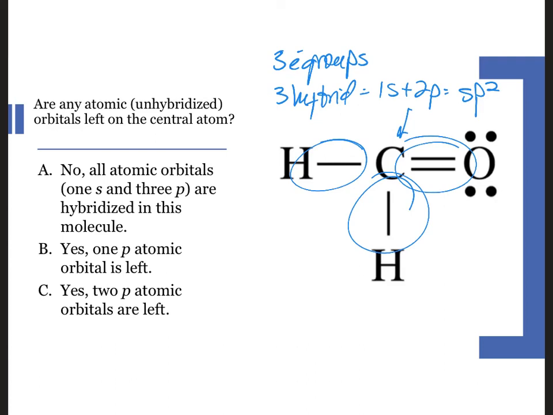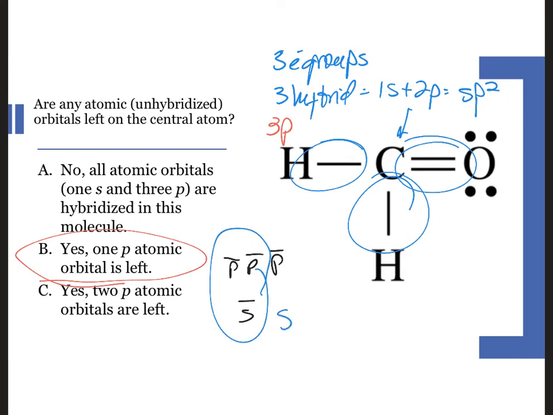Because there are 3 p orbitals available, if one gets left out because we only need an sp2 hybrid, then we still have 1 p atomic orbital left.